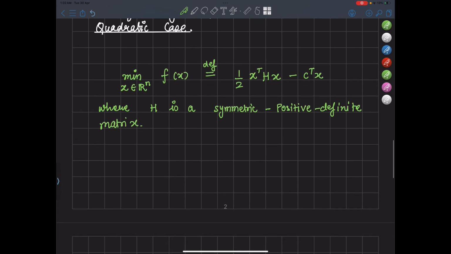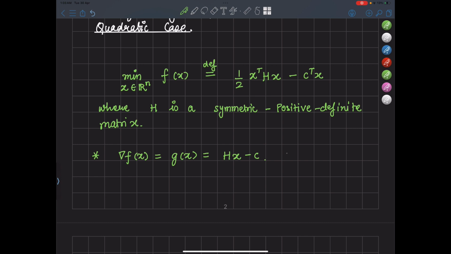All right. So what is the gradient of this function? So delta f(x), let's say it is g(x), will be Hx minus c.